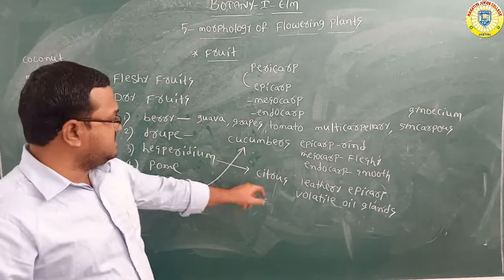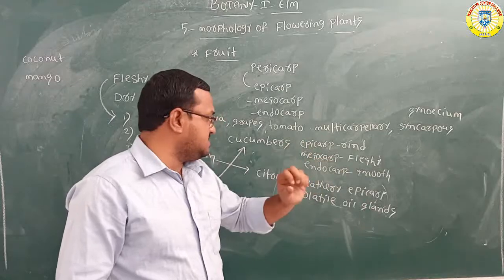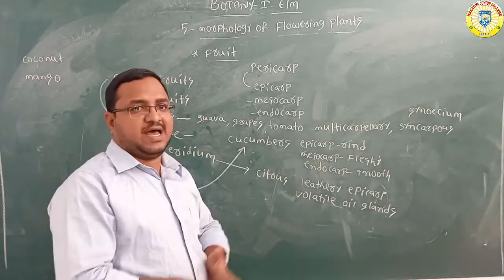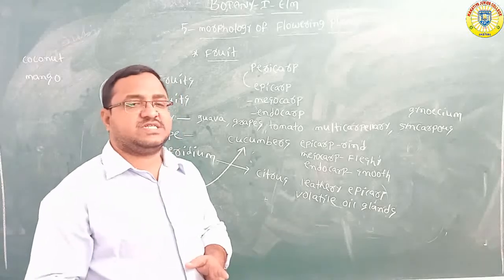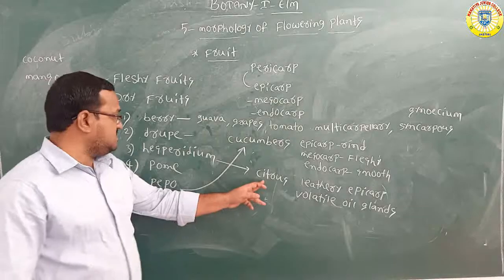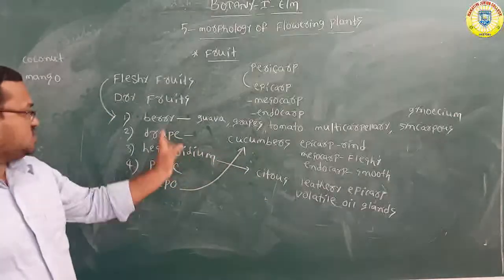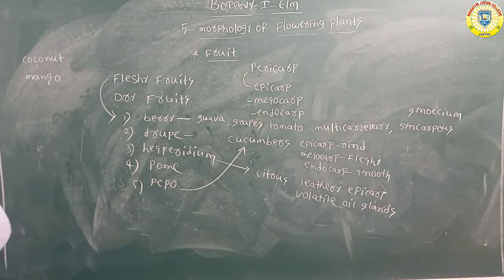So in citrus, epicarp is leathery and contains volatile oil glands, the mesocarp is papery, and the endocarp has juicy hair-like structures. This is the characteristic feature of the citrus fruit. This belongs to the hesperidium.